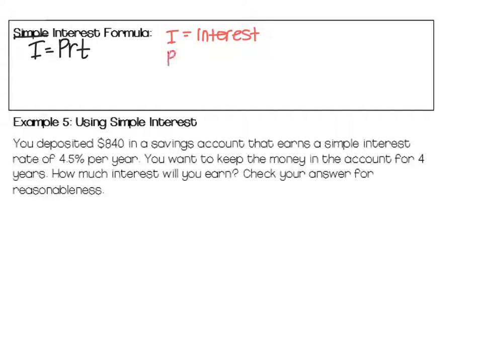P is principal. It's the money you started with. R is rate, the percent, changed to a decimal. T is time in years.